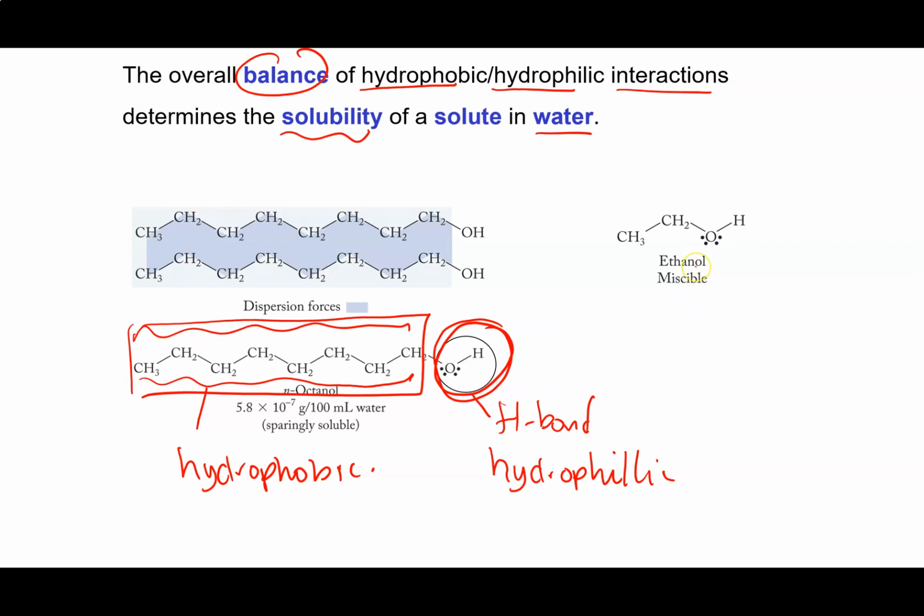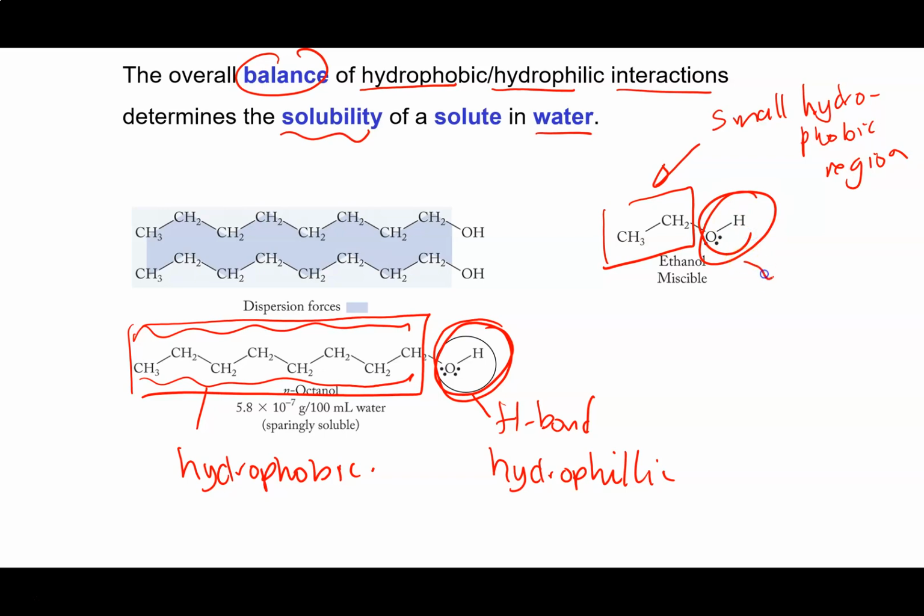If I look at something like ethanol, I can see here that it does have a hydrophobic region, but it's a small hydrophobic region. And then it has this hydrophilic region, just like we saw in the octanol.